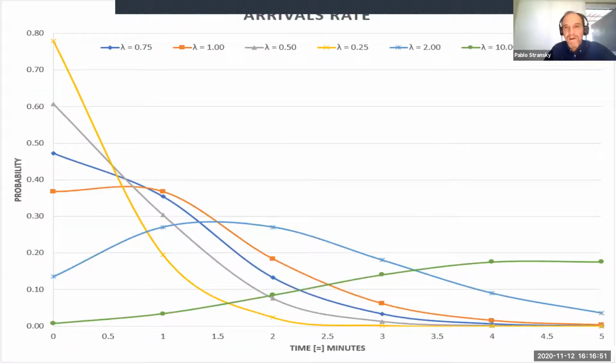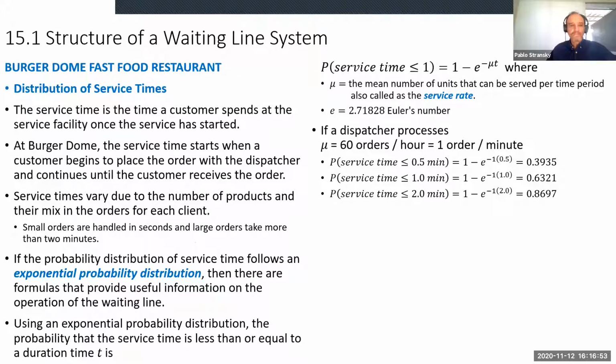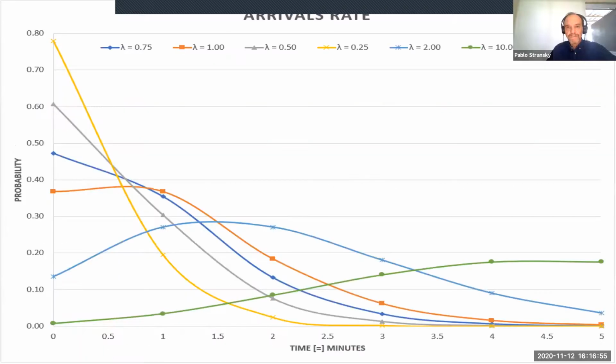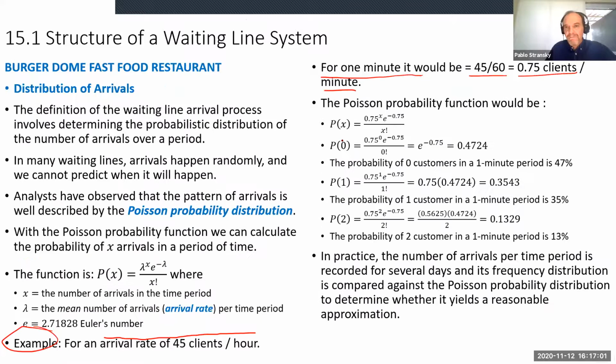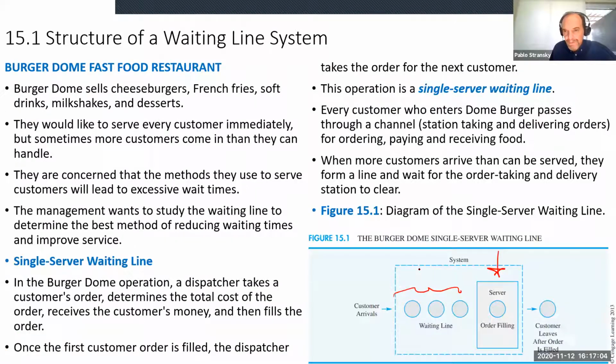And for mu, where's my mu? Here it is. Now, lambda, remember, refers to this rate of the process, and mu refers to this one. So what they're saying is, if lambda is greater than mu, we're going to have problems, okay?